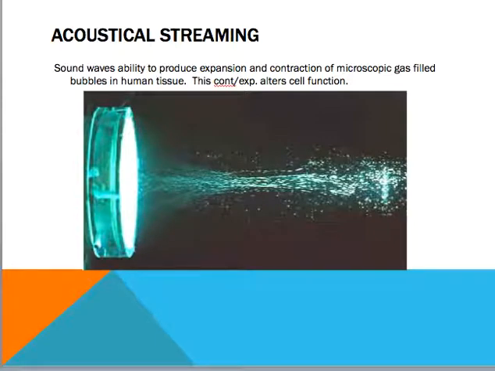The other one is acoustical streaming, and this is when the sound waves produce expansion and contraction of the gas-filled bubbles in human tissues, but because of that expansion and contraction, it causes a unilateral flow of fluid around the cell membrane, which alters the cell function. So that's a little bit in the book, but just some pictures hopefully to help seal it into your memory.